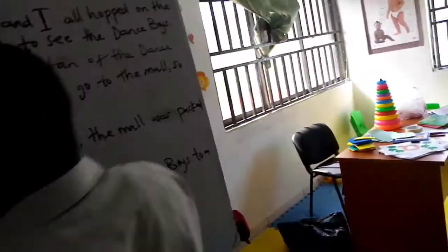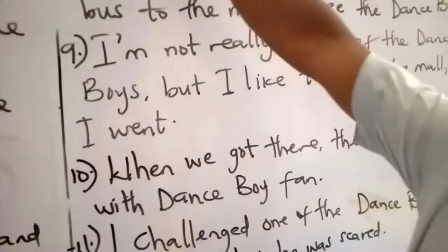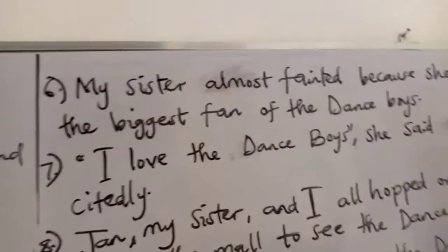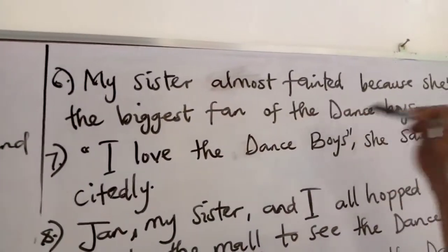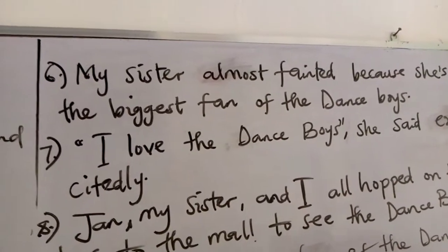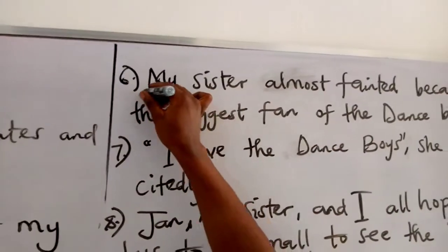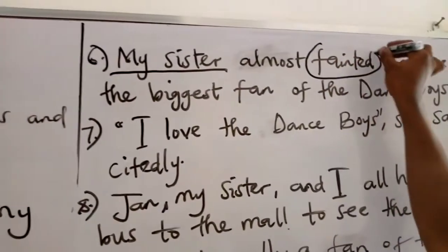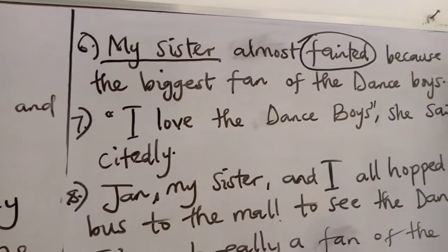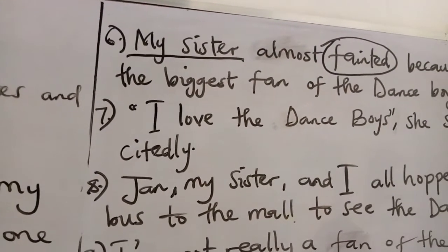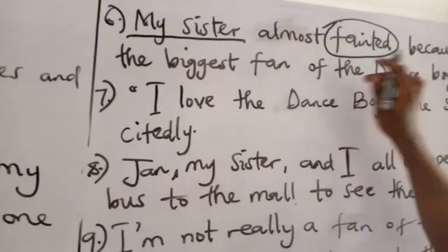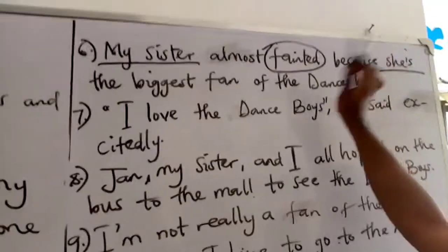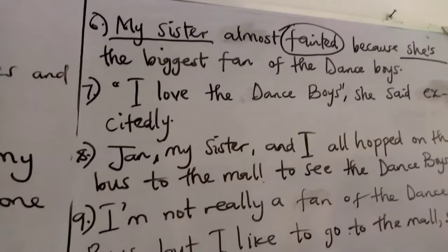Okay, let's look at number 6. My sister almost fainted because she's the biggest fan of the Dance Boys. Who almost fainted? The doer of an action. My sister almost fainted, predicate, because she, still your subject, the biggest fan of the Dance Boys. Can you see this? Subject, predicate. Very easy.